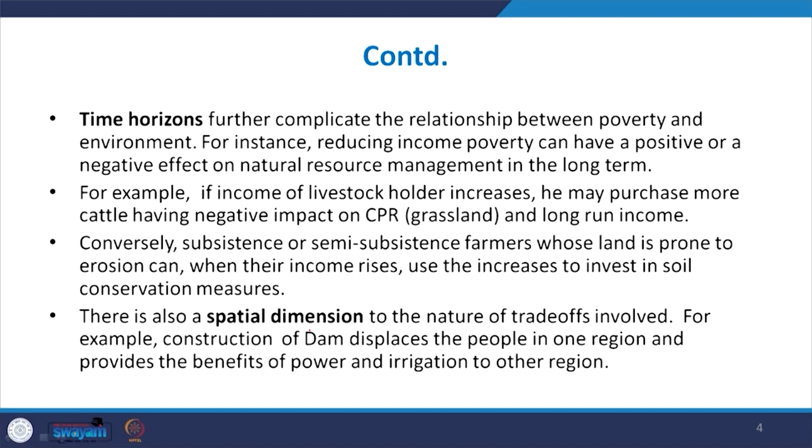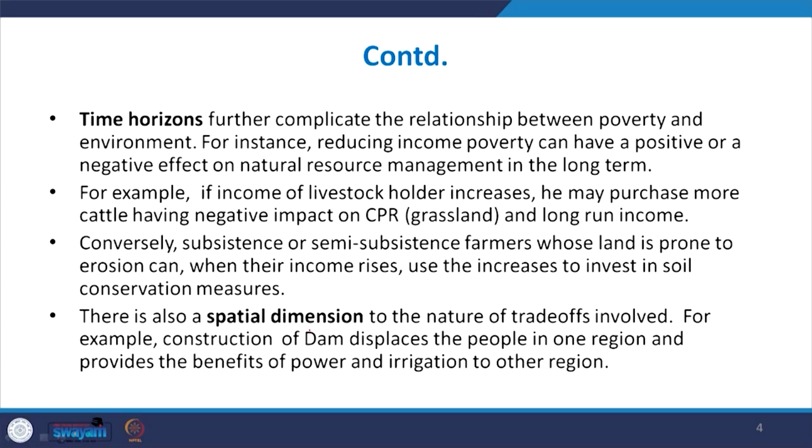So, there are both views. Increase in income of poor people may lead to environmental degradation or also environmental improvement, depending upon how the increased income is used and what kind of activity a person is practicing.